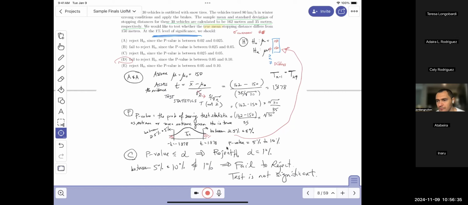Let's read some statistical output. How about that? Okay, let's look at 41 and 46, and then we'll look at some output.